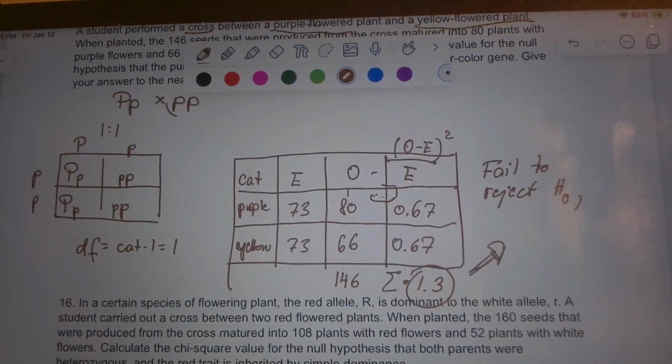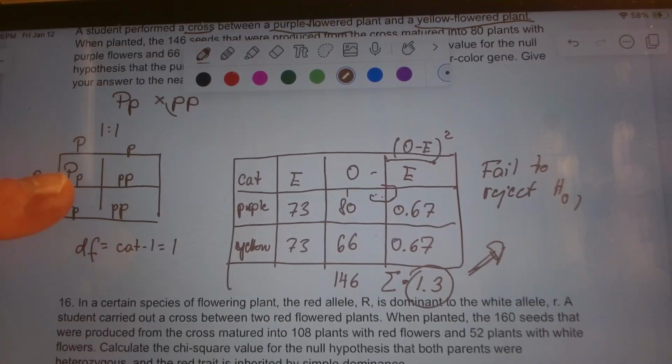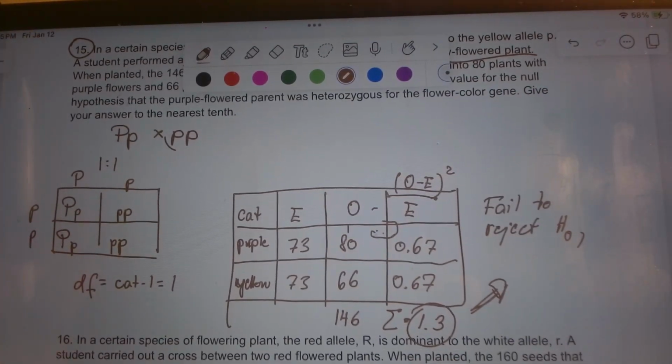So it means that the flower color followed the Mendelian inheritance, and one of the parents was heterozygous for the flower color, while the other one was homozygous recessive for the color. So that means that it is likely that the purple parent was heterozygous for the flower color gene. Good.